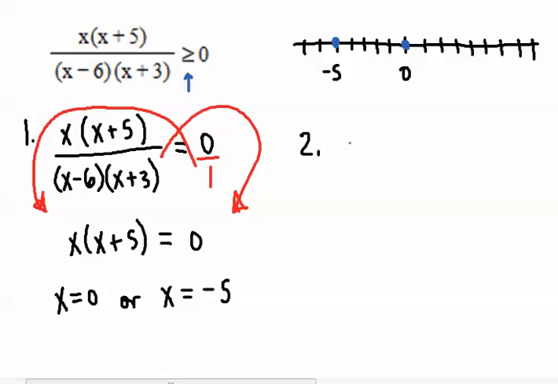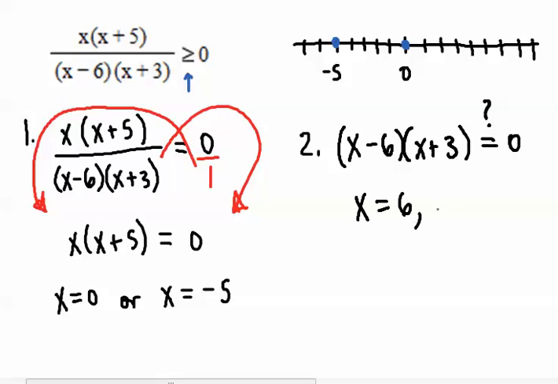So what we have to do is set this denominator, which is an entire product of x minus 6 times x plus 3, equal to 0, and then we got to throw those out. So they're equal to 0 when x itself is equal to 6, or when x itself is equal to negative 3, right? So what we find here is that we don't want to use those.